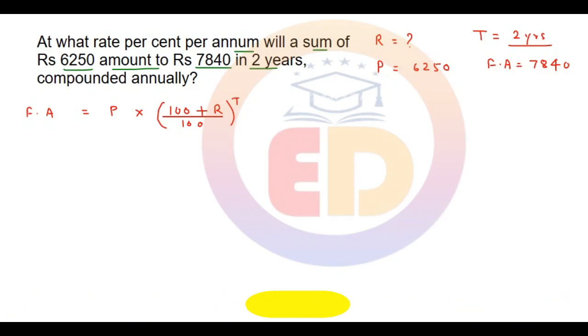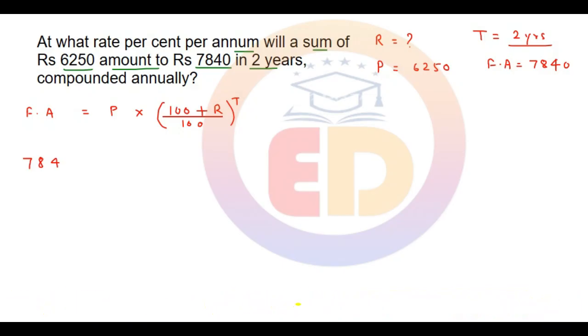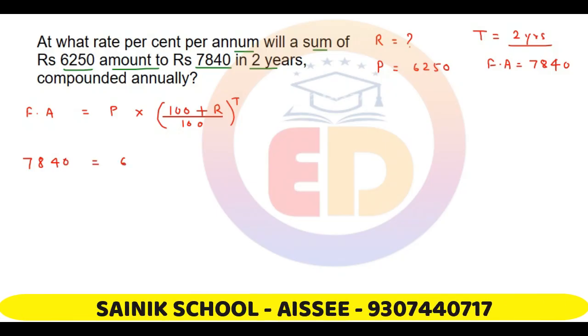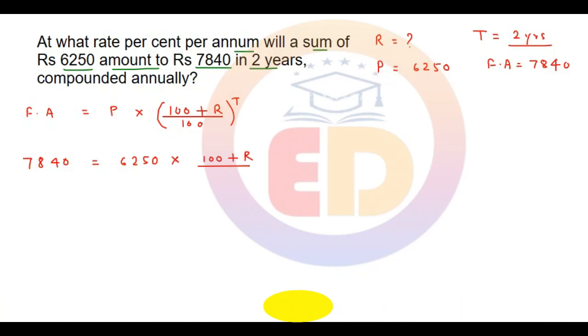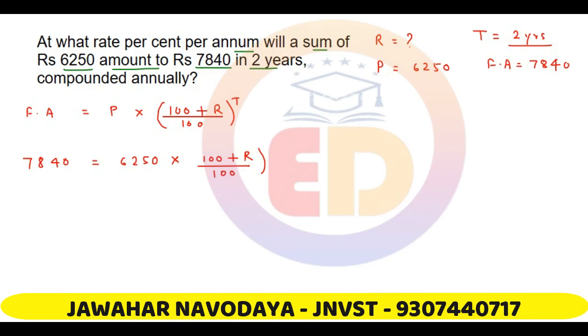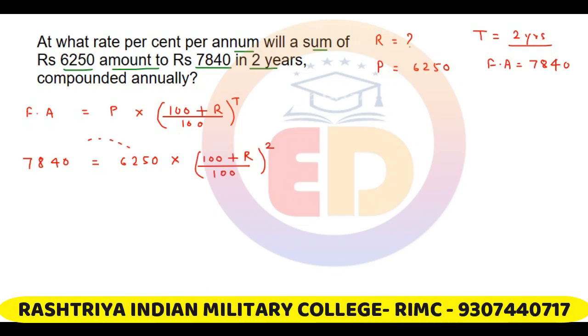Let's frame the values. Final amount is 7,840. Principal is 6,250 multiplied by 100 plus rate of interest we have to find out. Keep it r upon 100 to the power of 2. Take 6,250 from right side to left side. It will go to the denominator.